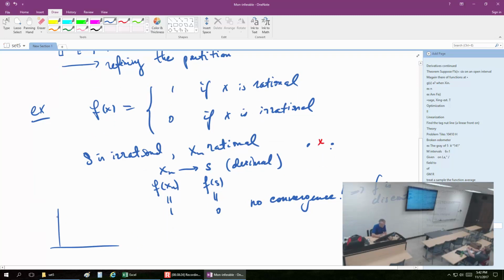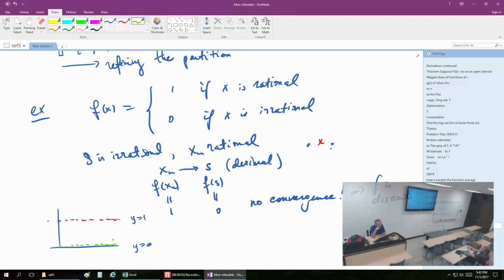Think about it. So this is y equals 1, and this is y equals 0. I have infinitely many points on this line, and infinitely many points on that line, with nothing in between, and the function oscillates infinitely frequently between these two lines. On and on, you can't even follow. There's no process that you can describe for how you alternate between the two.